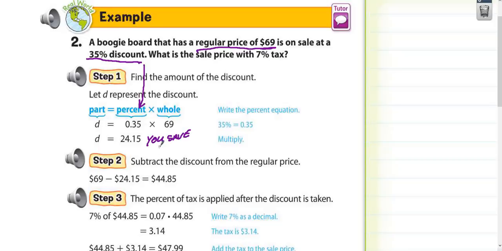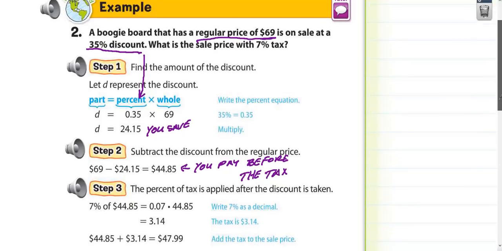That's the discount. So you subtract that from the $69, and now you get $44.85. This is what you pay before the tax. See, that's the amount you pay before the tax.